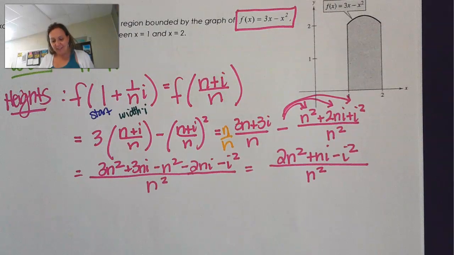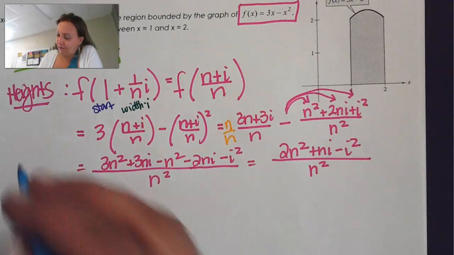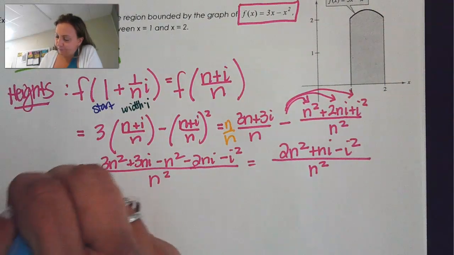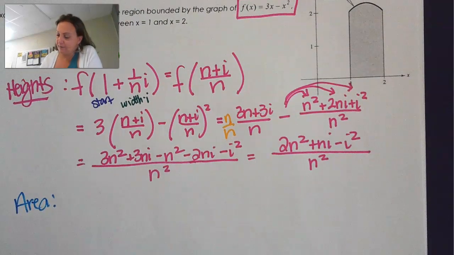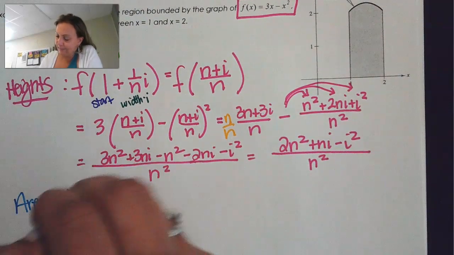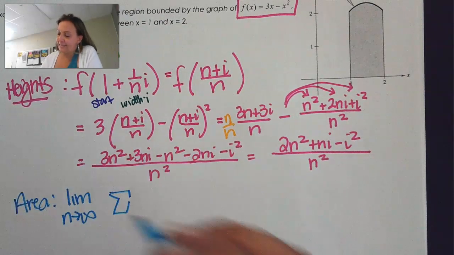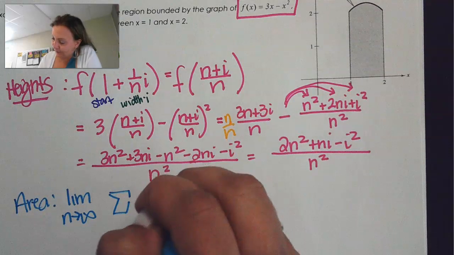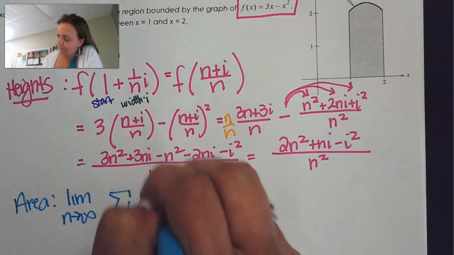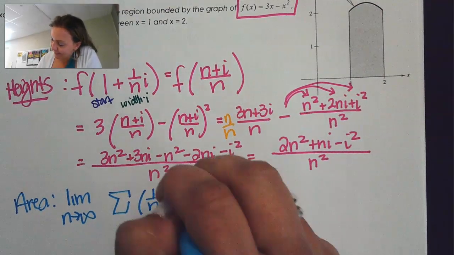It's not a triangle. All right, so the next thing we're going to do is look at our area. And remember, for our area, we're going to take the limit of the sums of the areas as n approaches infinity. So again, we're going to take our width times our height.